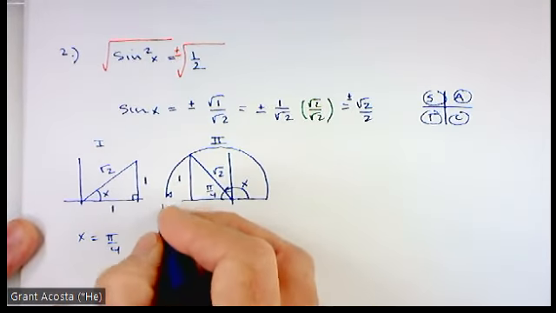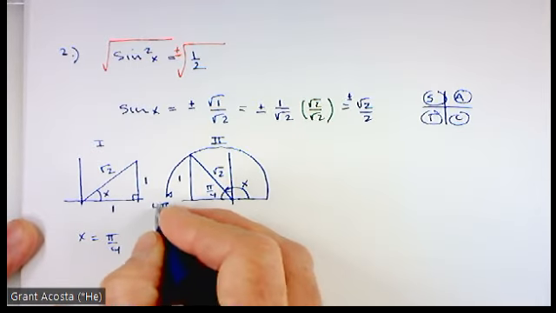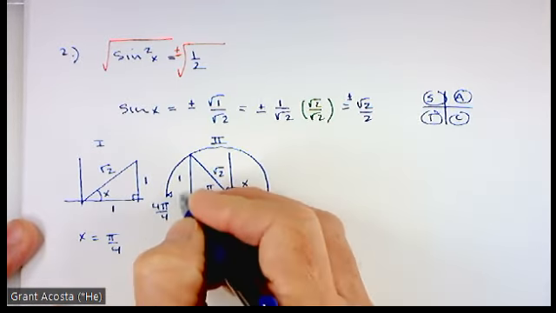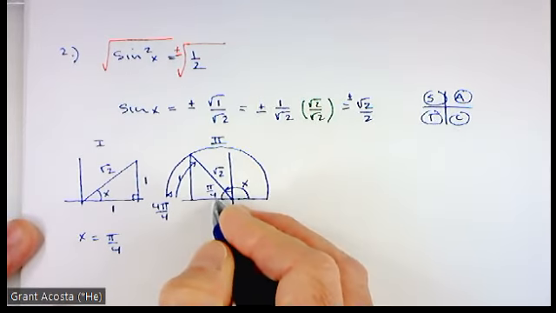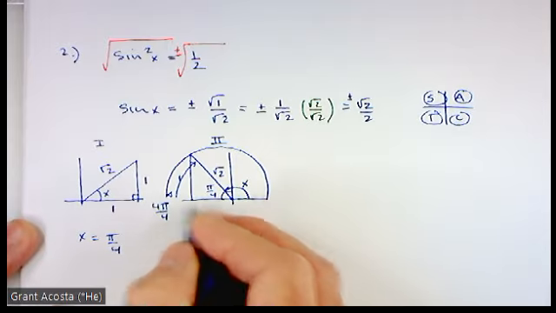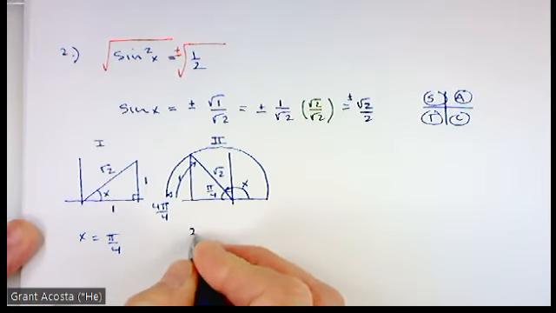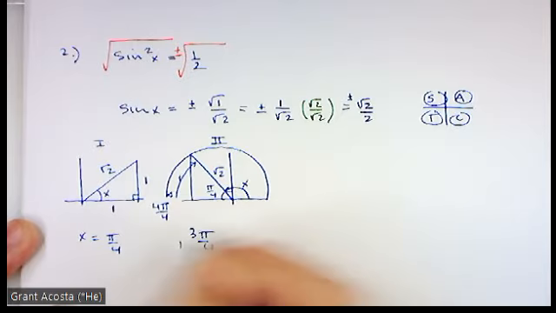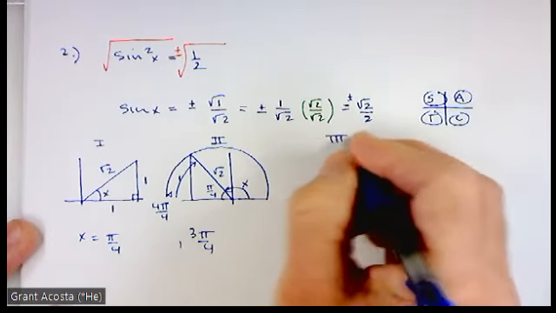Half a circle is pi. And we're going to think of pi as 4 pi over 4 in this case, because to get to the angle, we're going to want to subtract pi over 4, right? I'm going to go backwards. So this angle is 4 pi over 4 minus pi over 4, which is 3 pi over 4. Hopefully you're getting better at this.